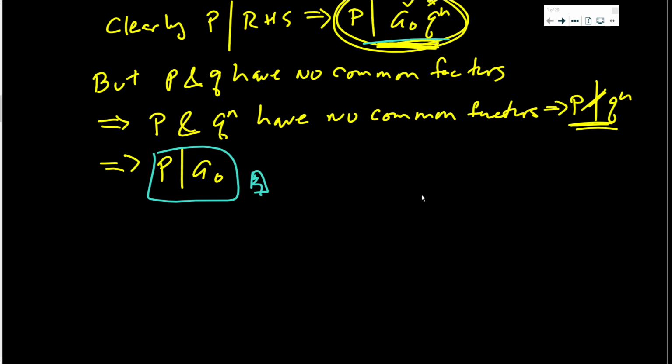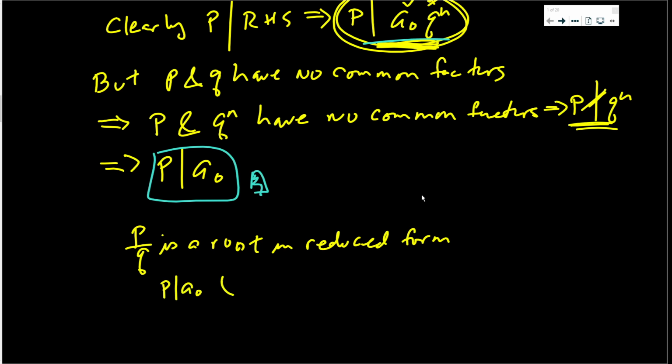Okay, we know that p over q is a root in reduced form. Okay, let's state it formally. In reduced form, p divides a sub 0, and q divides a sub n.